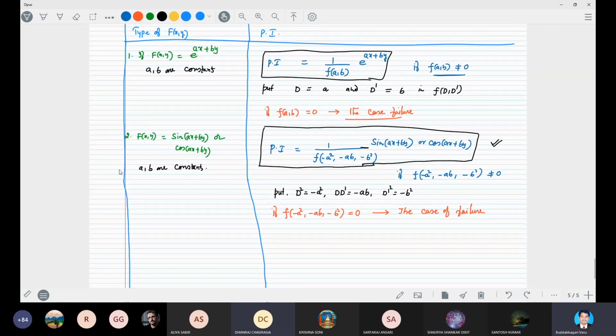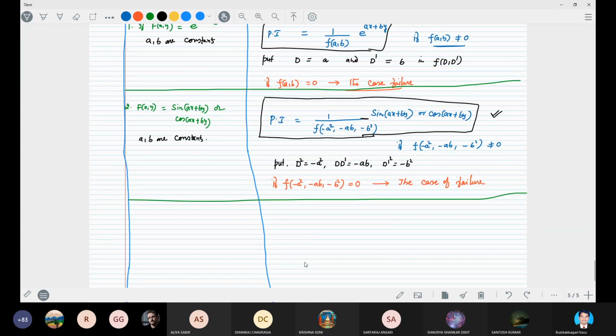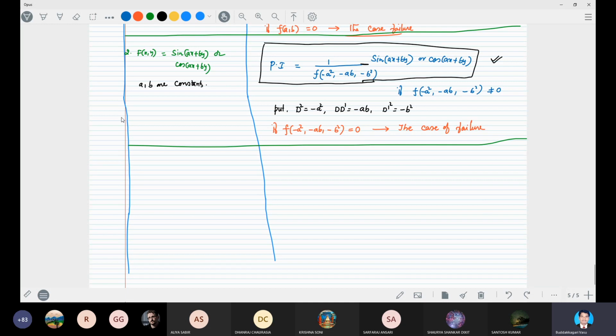Okay. Now see the next case, third case, case 3. f of x comma y is equal to x power a into y power b.